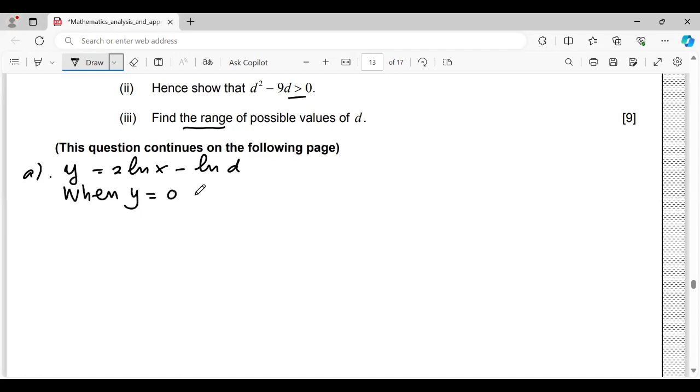When y equals 0, this equation being 2 ln x minus ln d equals 0.